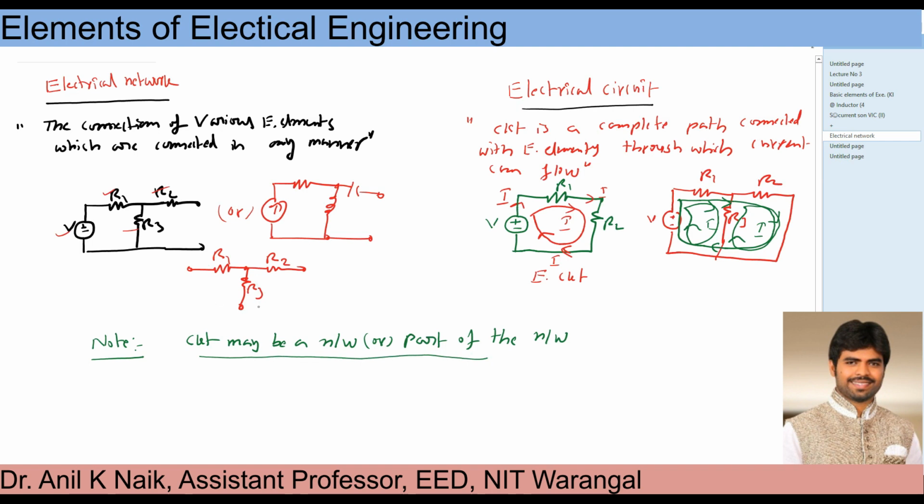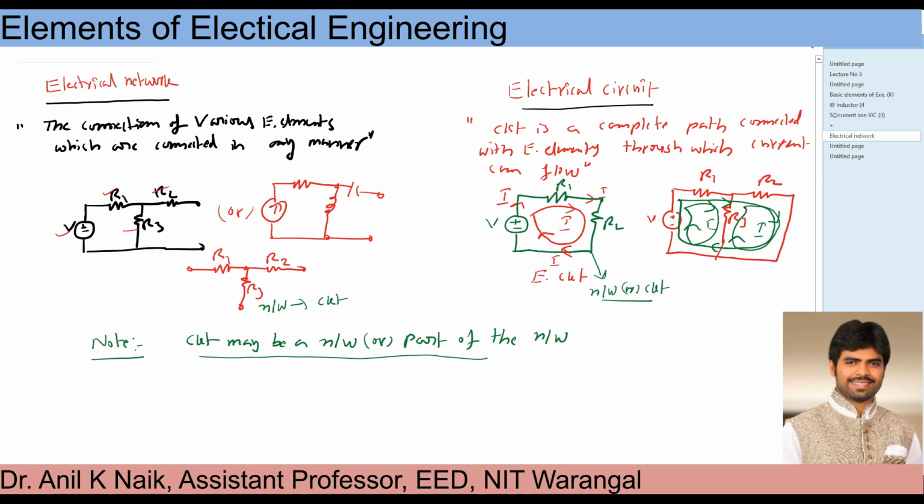So I can say this is a network. I cannot say this is a circuit. Why? Because this does not have any closed path. So this is a network, but it is not a circuit. But when it comes to this circuit here, I can say it is a network or a circuit. This can be a circuit or this can be a network.